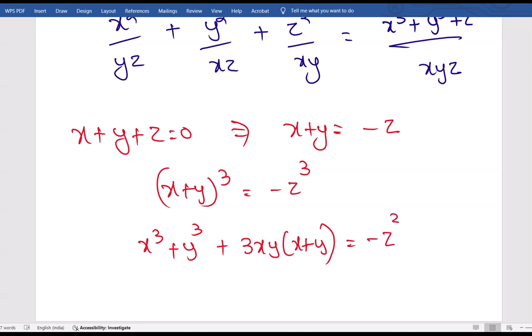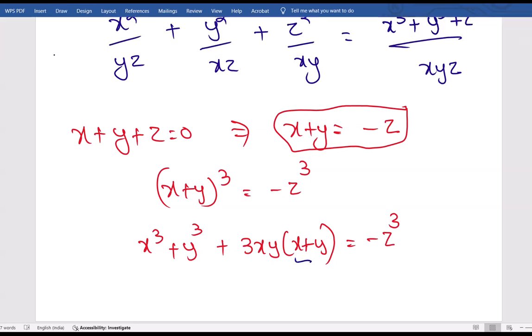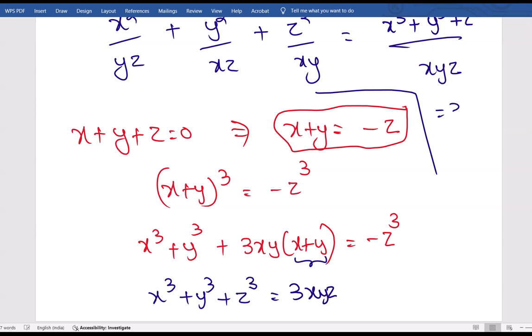Writing 3xy into x plus y, what is x plus y here? You can put minus z here. x cube plus y cube, and minus z cube will come to this side as plus z cube. This x plus y as minus z will go to that side as 3xyz. So in this expression, the numerator is 3xyz and the denominator is xyz, and we'll get 3.